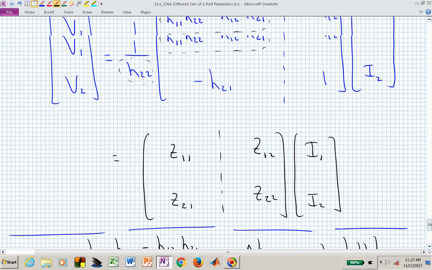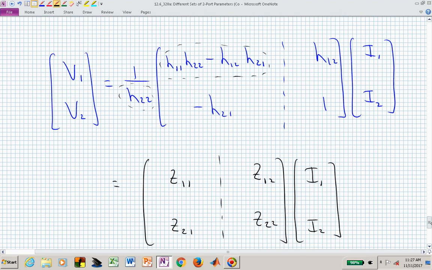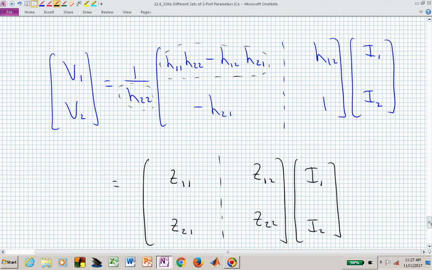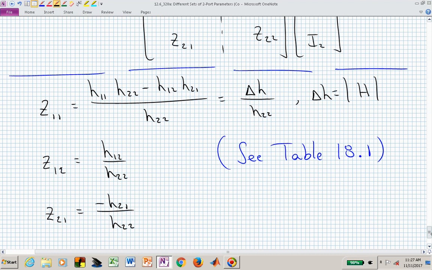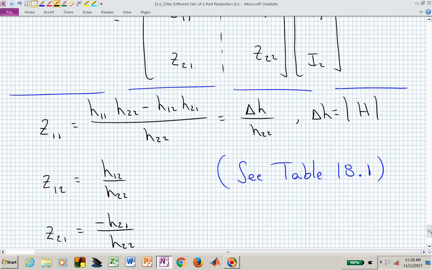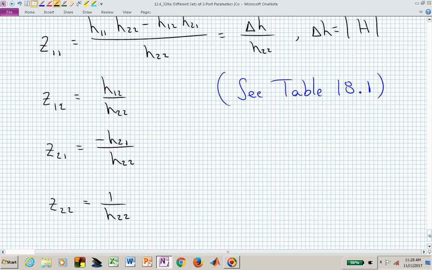Likewise, Z12 is not very involved or complicated. It's simply H12 over H22. Z21 is minus H21 over H22. And Z22 is just the reciprocal of H22.